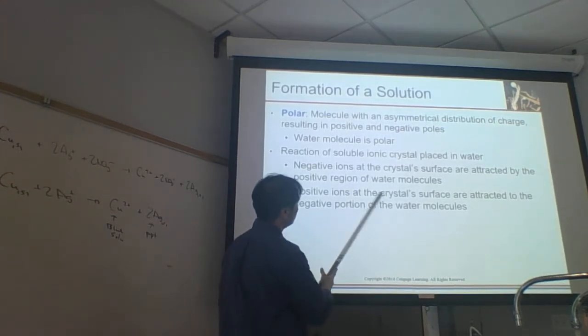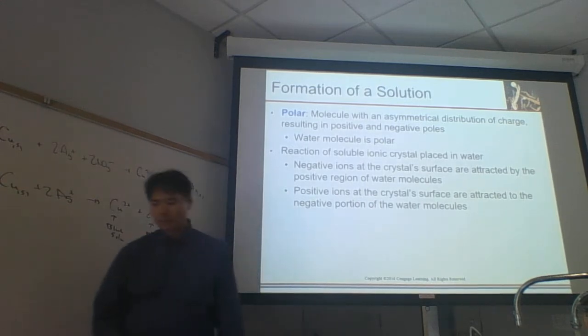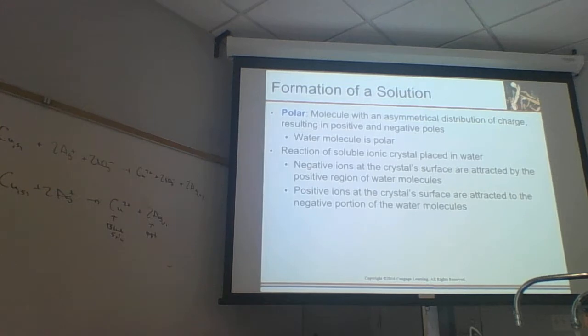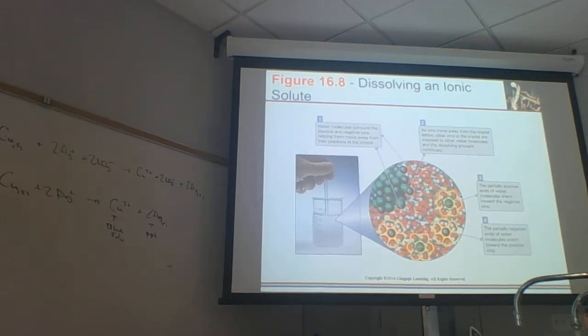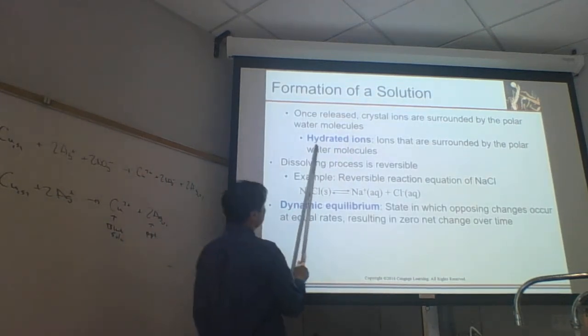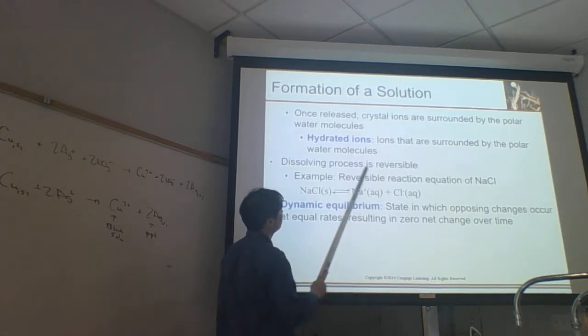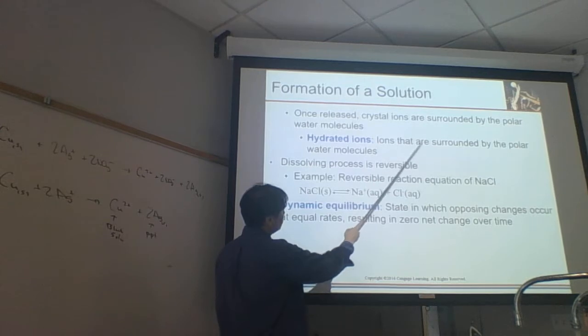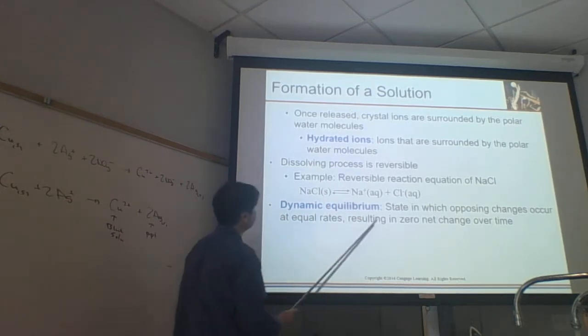So this is just showing the water molecules trying to break apart the crystal lattice because of the favorable ion hydration spheres or ion-dipole interactions there. And so once the ions are released, they're surrounded by the water molecules, creating the hydrated ions, the solvation or the hydration sphere. And these are ions that are surrounded by polar water molecules.